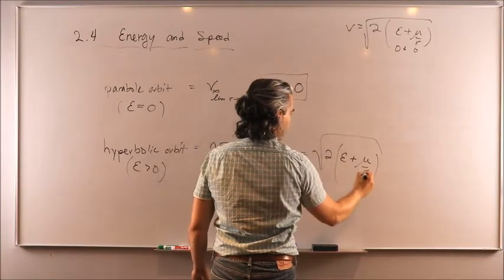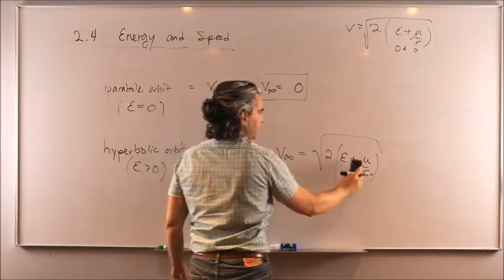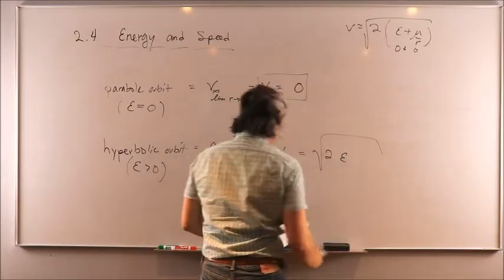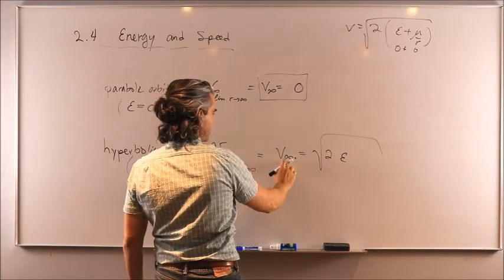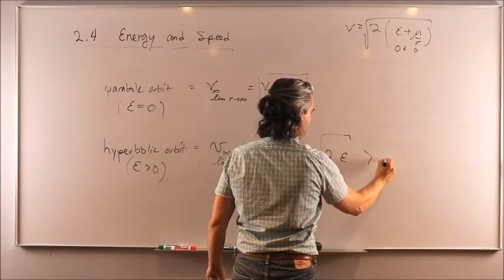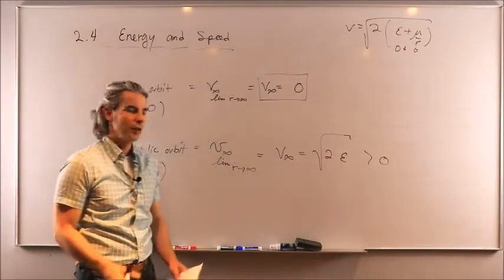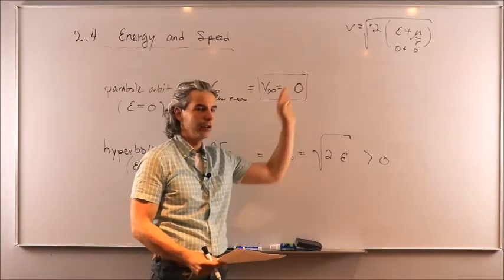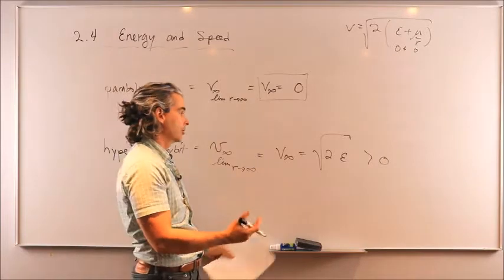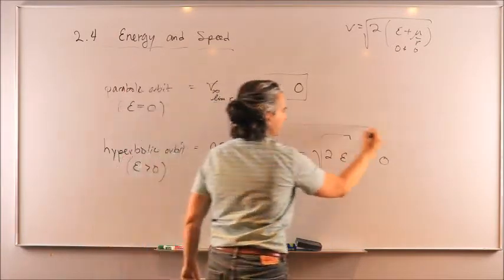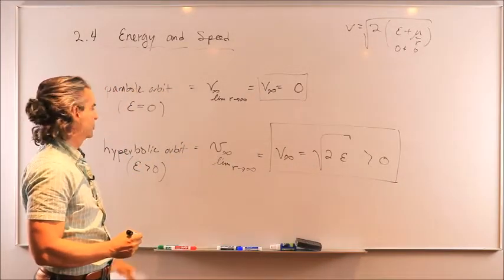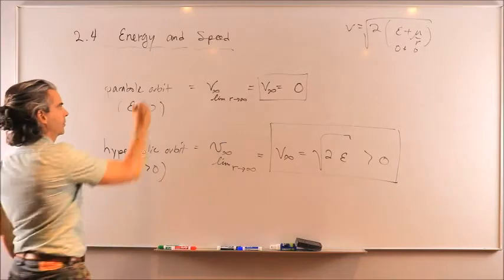So r is still infinity, so this term cancels out. And we're left with the speed at infinity equal to, as I told you earlier, a positive number. So we have enough energy to keep moving forward with a positive speed even after we have escaped from the gravitational attraction from M1. Okay? So those are just interesting facts about the orbital speed on those two trajectories as opposed to orbits.